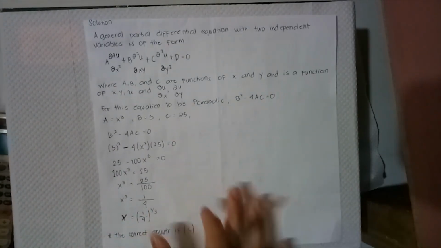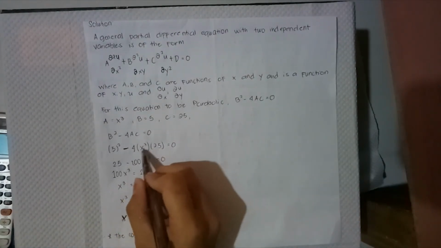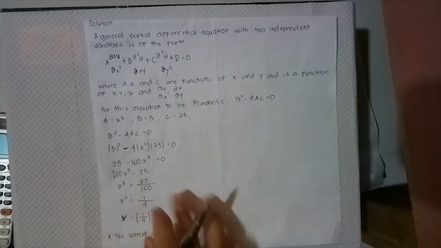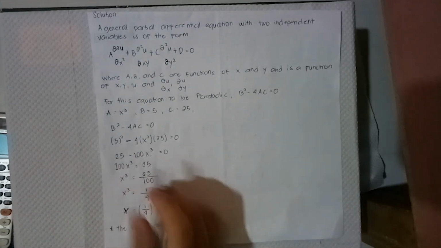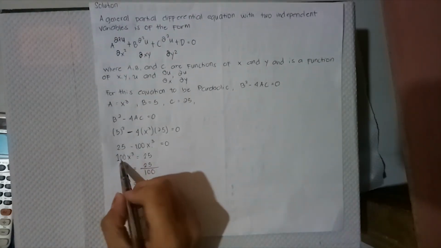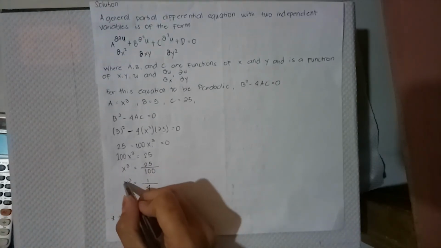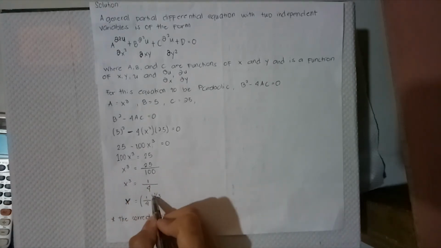So 4 times 25 is 100x cubed. So we need to copy that, and then 5 squared is equal to 25, and then we need to divide by 100 to cancel out, and then we will get x cubed equals 1/4.